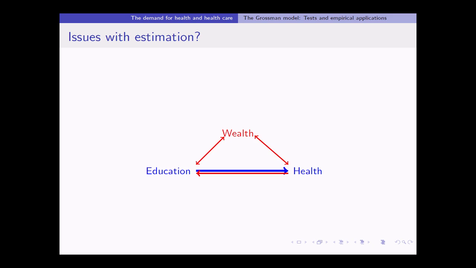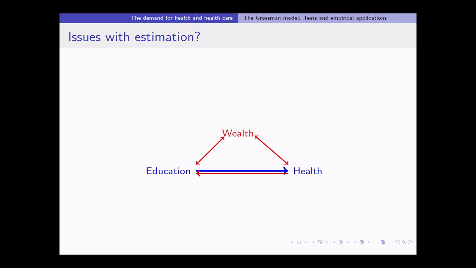There are also third factors, so wealth, for example. So typically wealthier people have higher levels of education, but education can improve wealth. As I said, there's a very strong social gradient in health, so wealthier people have much, much better levels of health on average than poor people, but health affects wealth. You need to be suitably healthy to create income.